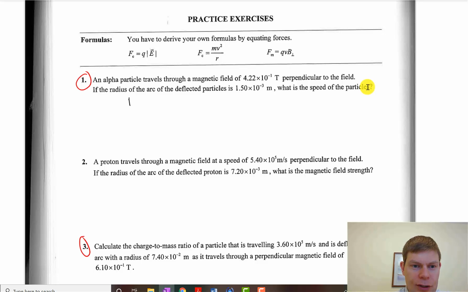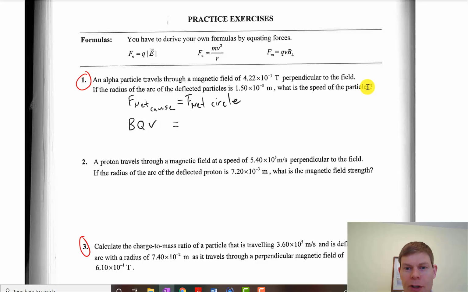In this case, it's F net centripetal equals F net circle. Our centripetal force is the magnetic force, and the formula for that is BQV. And since we're interested in speed, the formula we want to use is mv squared over r.